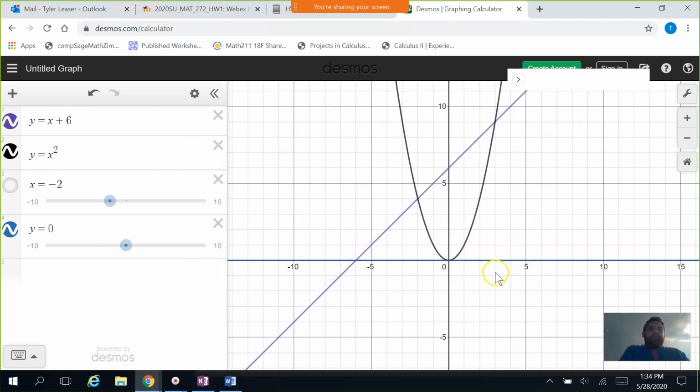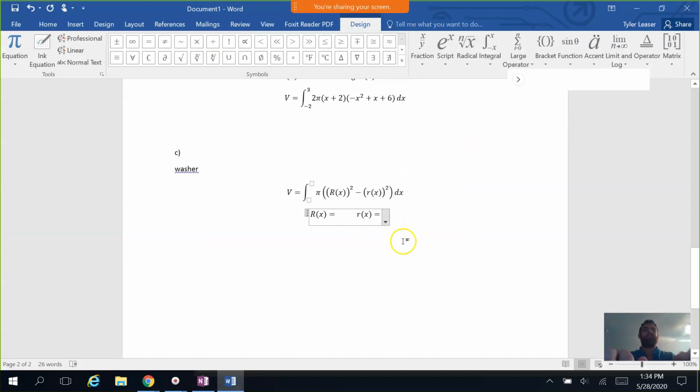If my axis of rotation is down here, the x-axis, the outside radius is the diagonal line. The inside radius is going to be the parabola for my vertical slices. And then that's it. So my outside radius was that diagonal line, x plus 6. My inside radius was the parabola, which was x squared.